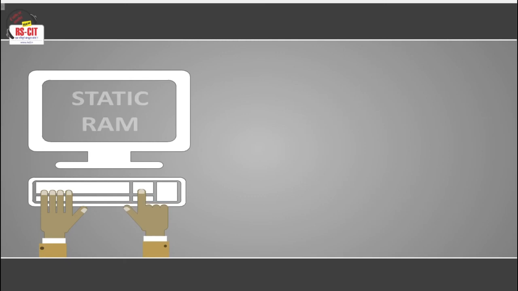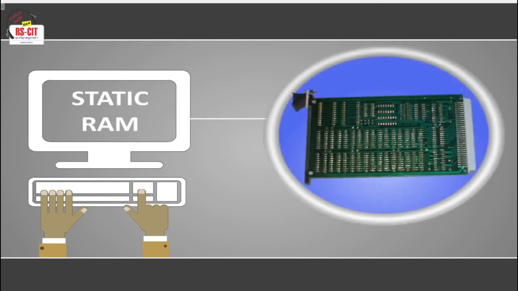Static RAM is fast memory technology that requires power to hold its content. Static RAM, that is SRAM, is used for high-speed registers, caches, and relatively small memory banks such as a frame buffer on a display adapter.